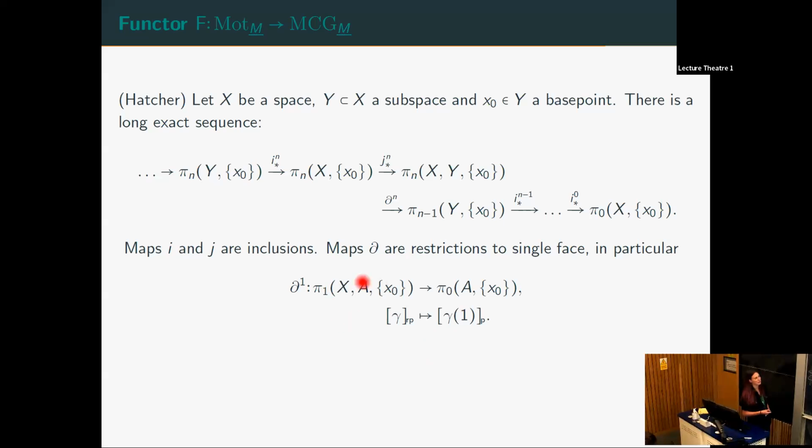So this equivalence where one endpoint was fixed and one endpoint was allowed to move as long as it stayed within A. And then this map partial just takes a path in here and sends it to something in pi 0 of A at x0 by just looking at the endpoint of this path.